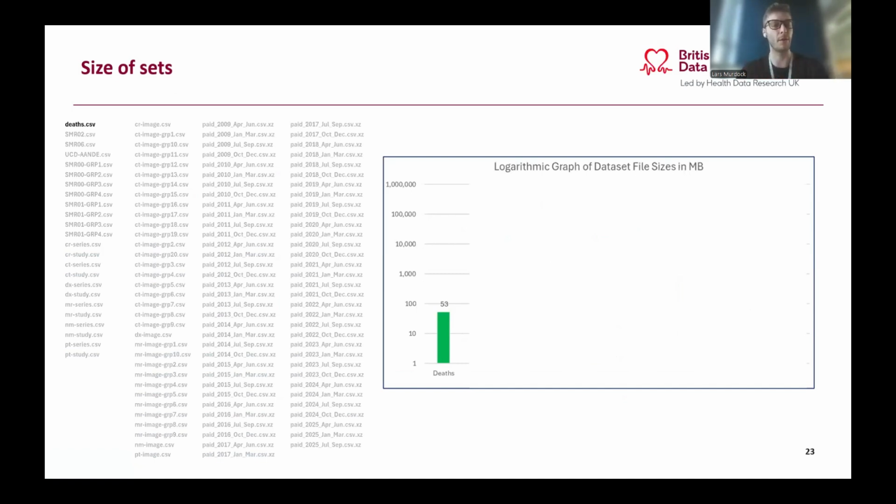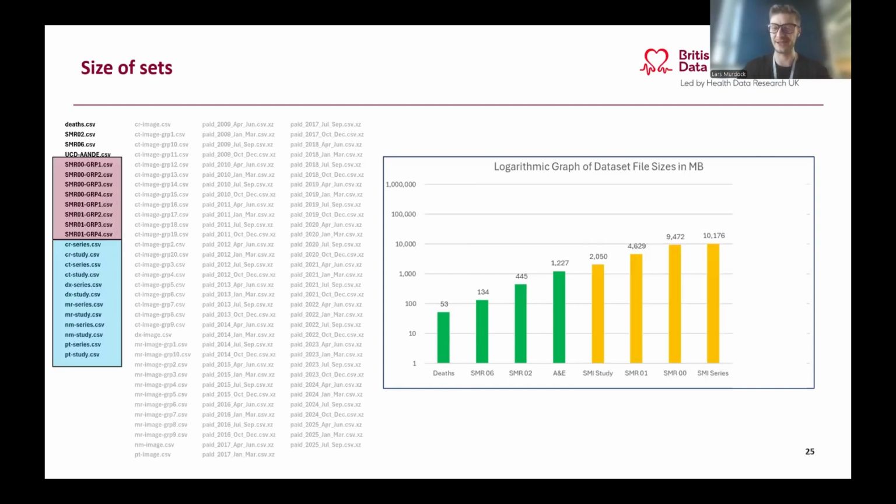So if you consider what might be more of a bread and butter data set for us health researchers, mortality data, people can only die once, so therefore there's very limited information per person. However, when you start to bring in hospital visits, A&E visits, you can see these graphs go up. Therefore, the size of these data sets go up.